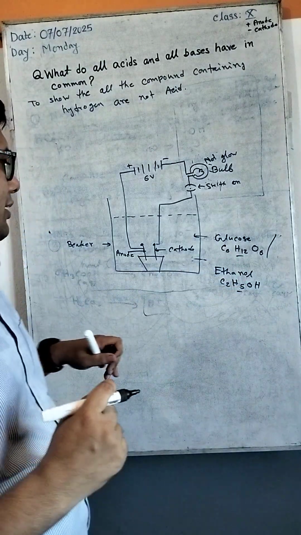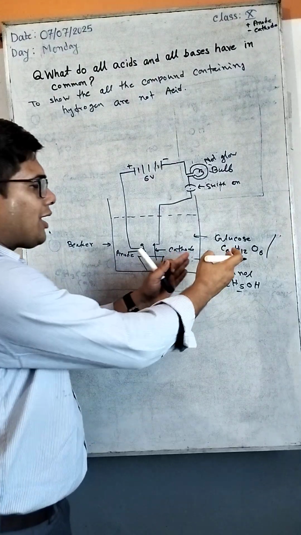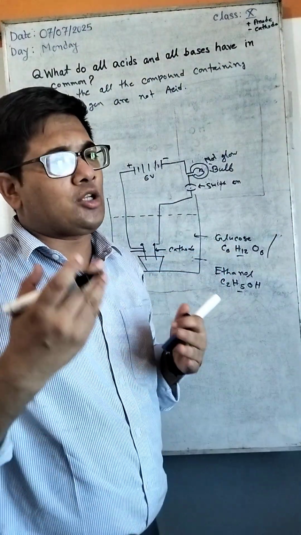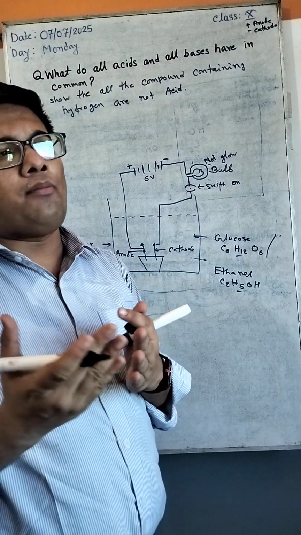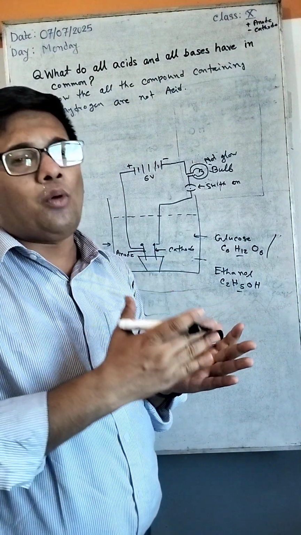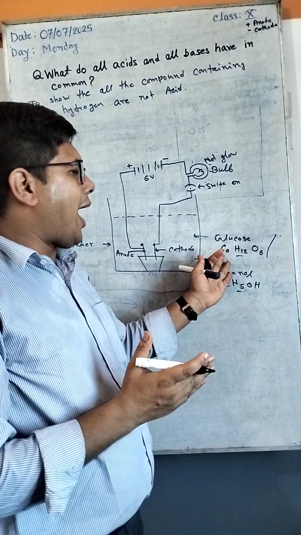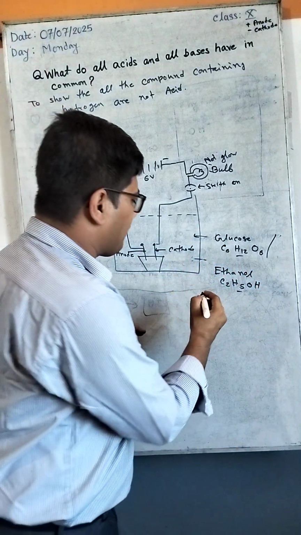Answer is that in glucose and ethanol, both form a bond. What bond? Covalent bond. There are two types: electrovalent bond and covalent bond. Electrovalent bond forms between metal and non-metal. But here the bond forms between carbon, hydrogen, oxygen. All are non-metals.